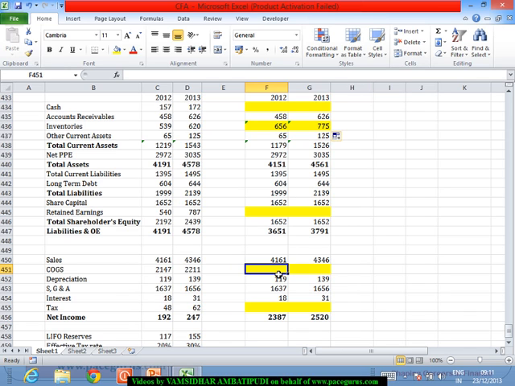And after that, look at the cost of goods sold. In the first year, because of LIFO, the inventory has gone up by 656, and I have assumed that the beginning of the year's inventory is 0, at least for the first year.